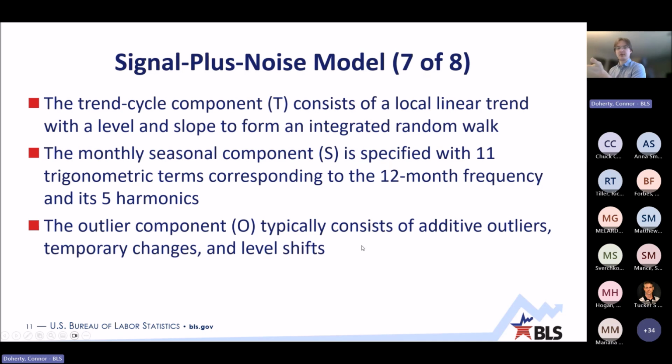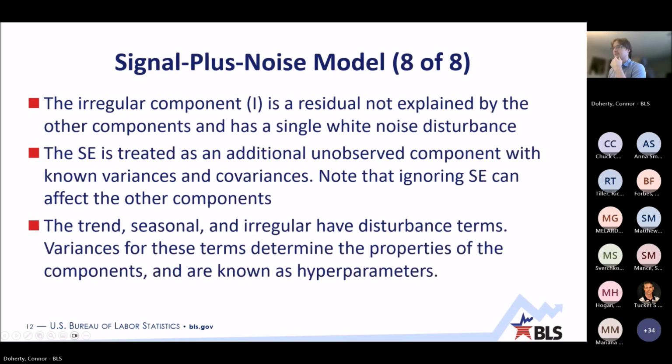And then our outlier component, O, consists of our 3 outlier types, which would be additive outliers, temporary changes, and level shifts. The irregular component, I, is a residual, and it's not explained by any of our other components, and it has a single white noise disturbance.